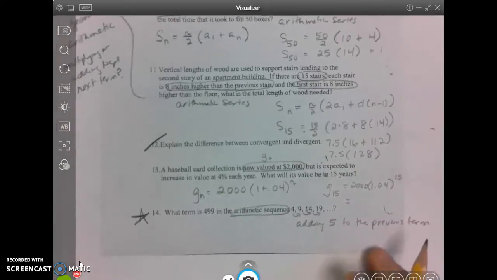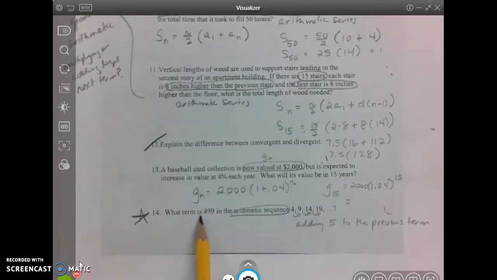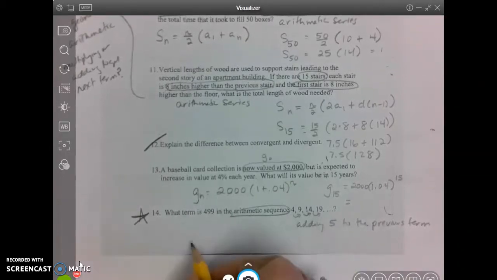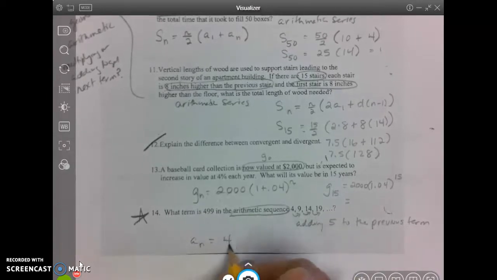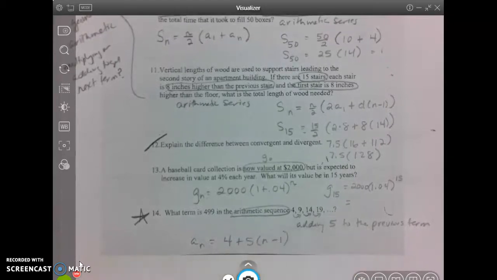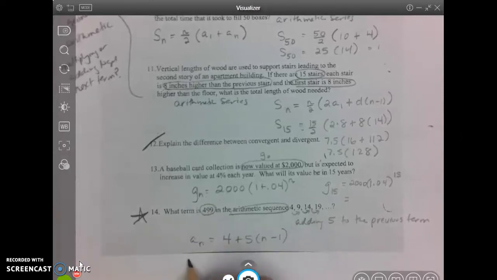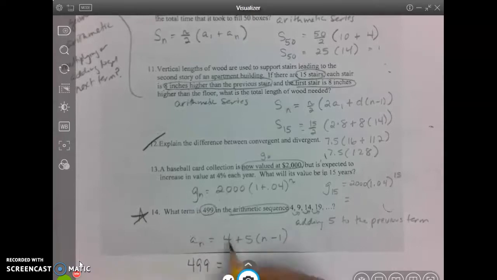Now, this does not say what is the 499th term. It says what term is 499. So let's first write our formula. A sub n is going to be the first term plus 5 times n minus 1. I want to know what term is 499. So 499 is the answer, and I want to figure out what n is.